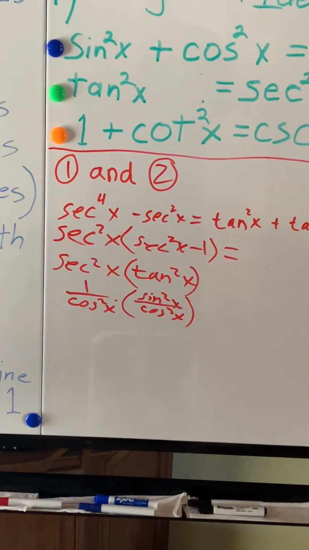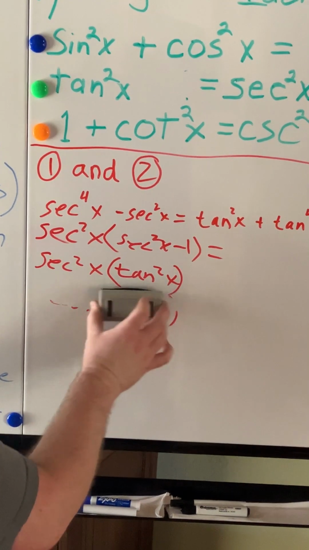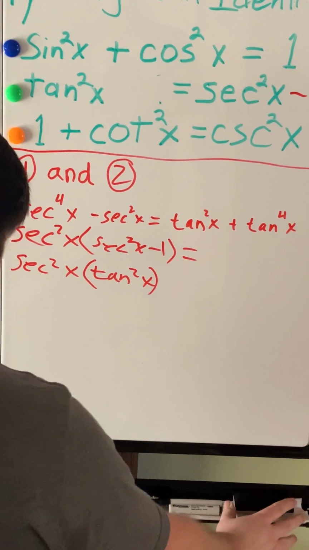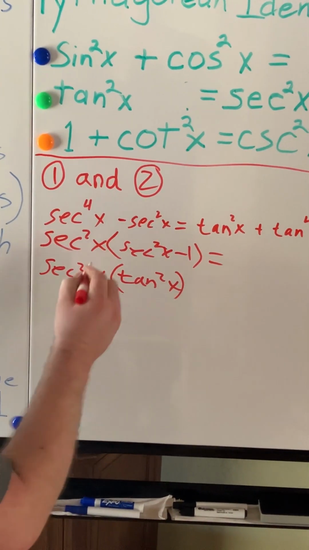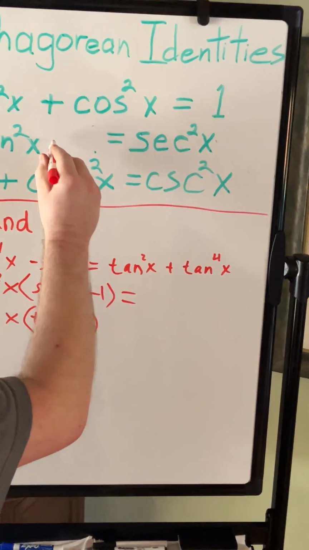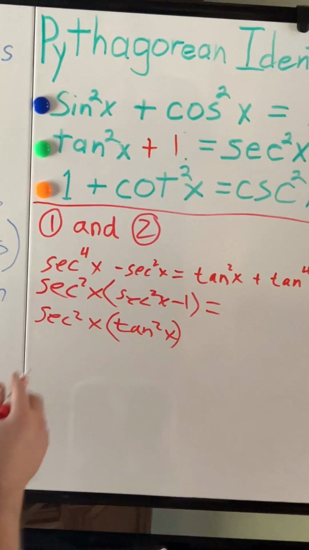Now, where this problem gets unlocked is actually back at the step where we made our trig substitutions. Here, you'll notice secant squared x. Remember, secant squared x itself is equal to tan squared x plus 1.